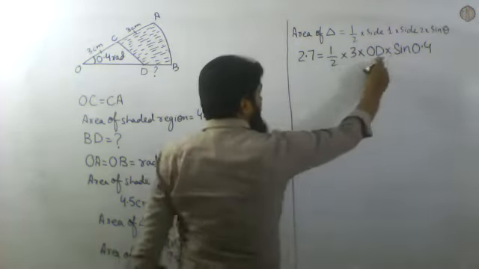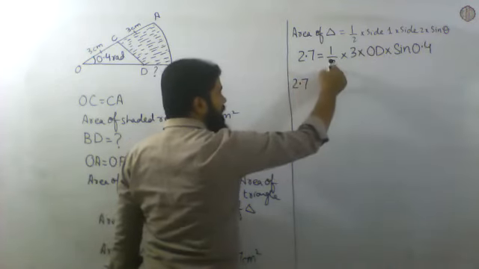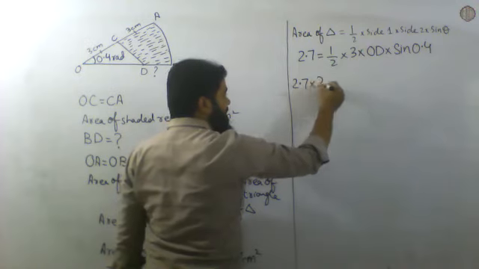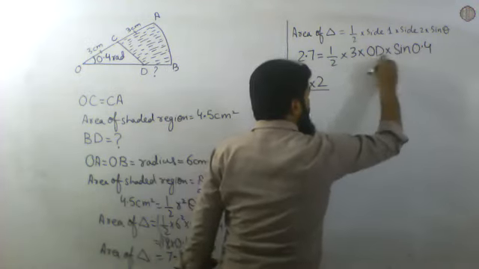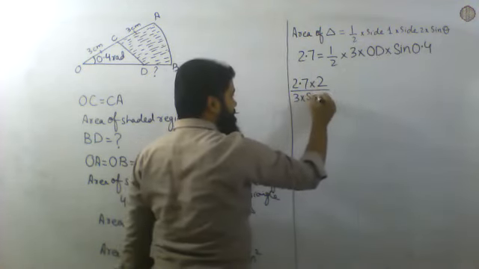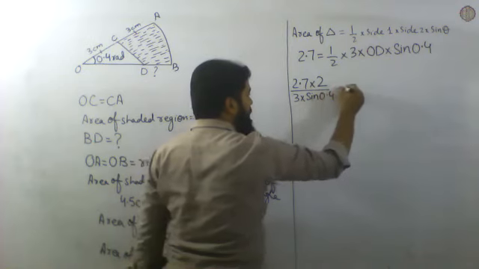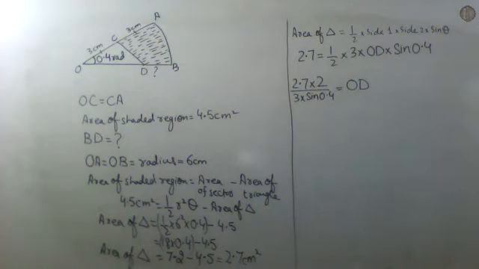Okay. So, in order to find the value of OD, first of all, 2.7. 2 is being divided. When I shift it over here, it will be multiplied. 3 into sine 0.4 is being multiplied. So, when I shift it, it will become in divide form, and the whole thing will be equal to OD over here.